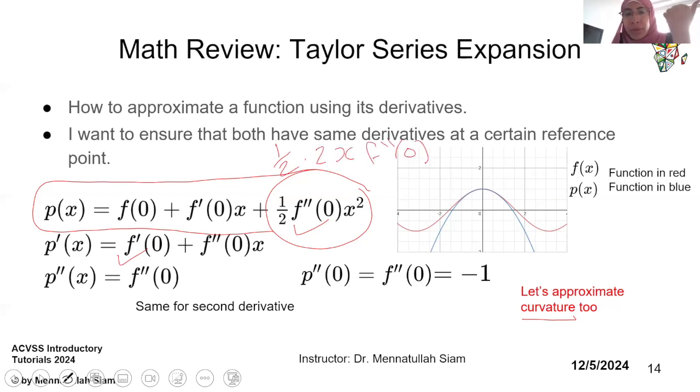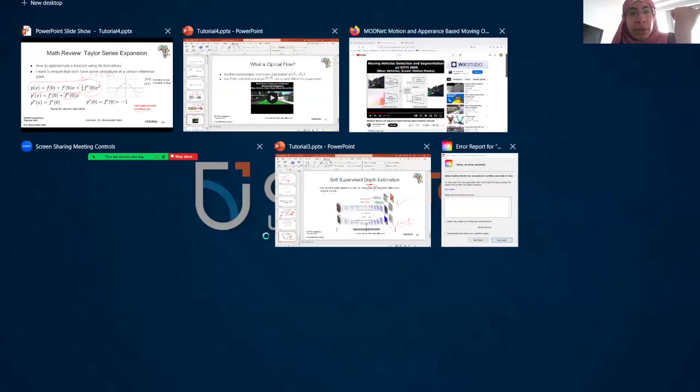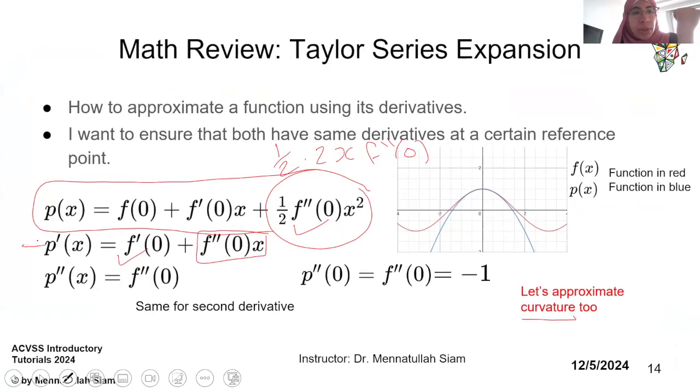So this becomes f double bar of 0 x. And then if I derive this one again, so I'm trying to compute p double bar, this is going to be discarded, it's going to be constant, and this is going to remain. So this is f double bar of 0.